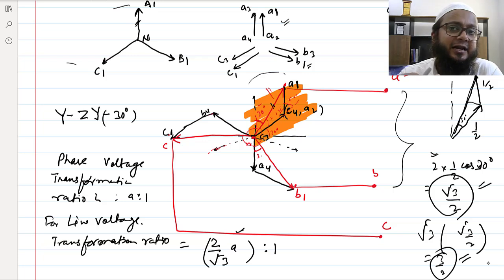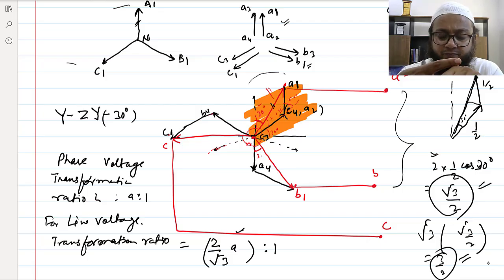But in distribution level, where generally, as a common user, we get a single phase supply, there we will use a delta star combination. In that case, the star combination would be given for the low voltage side, and this will solve 2 problems.